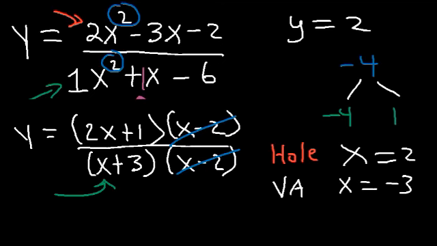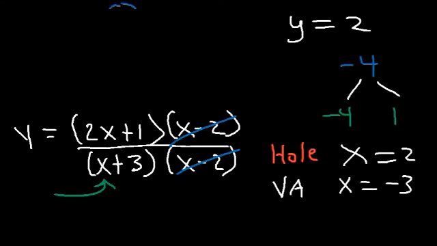So now, how can we graph the expression? What we want to keep is the surviving equation, which is the part that we have left over after we remove the hole.